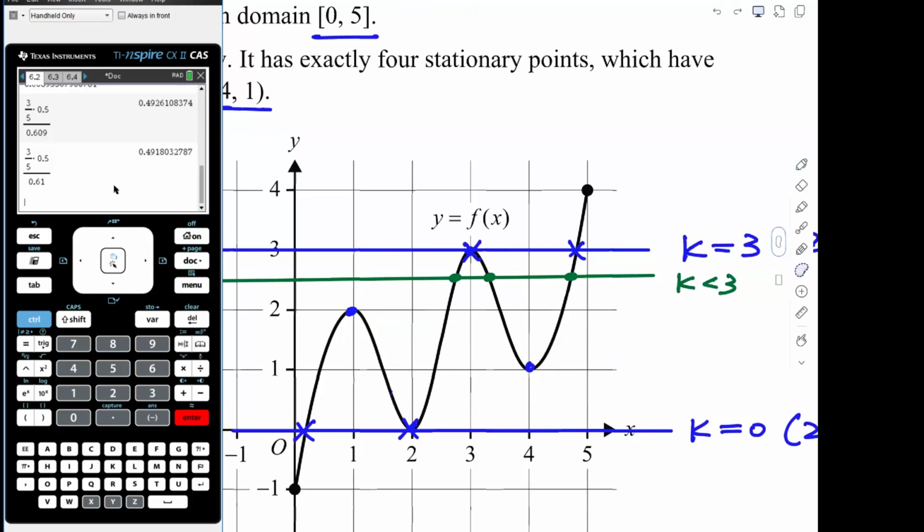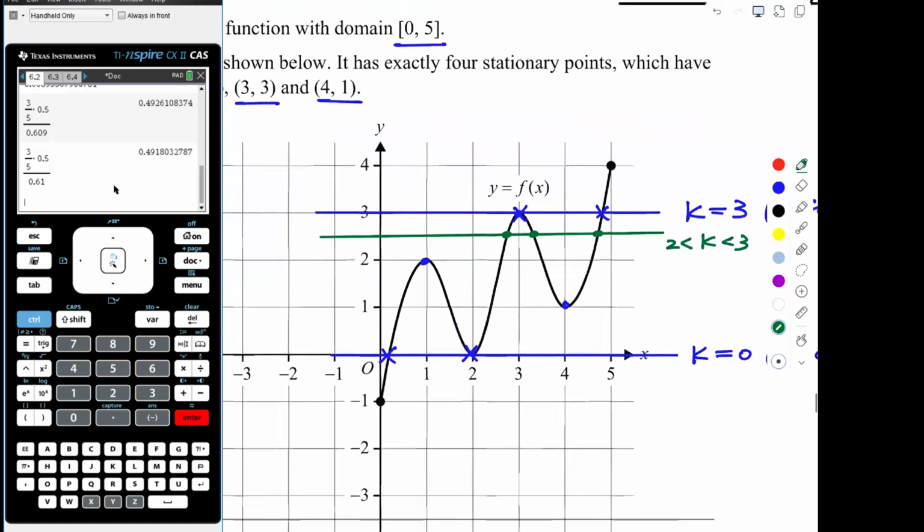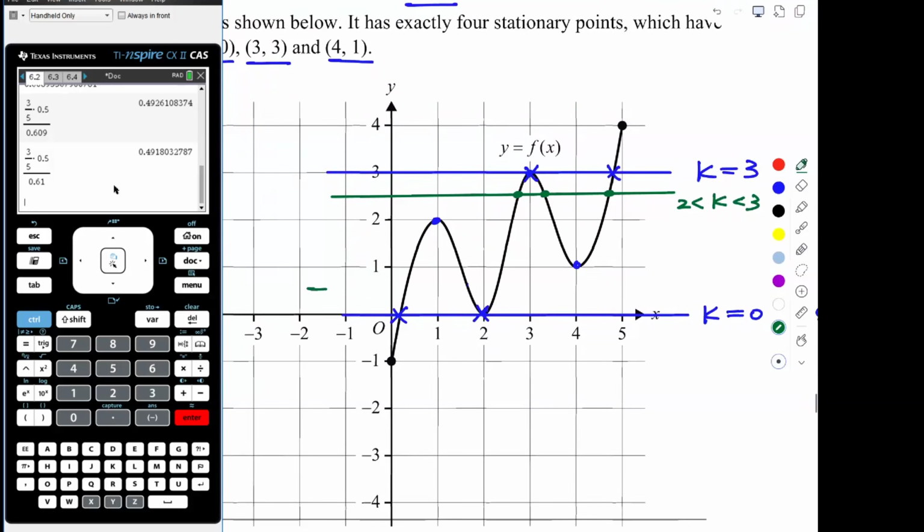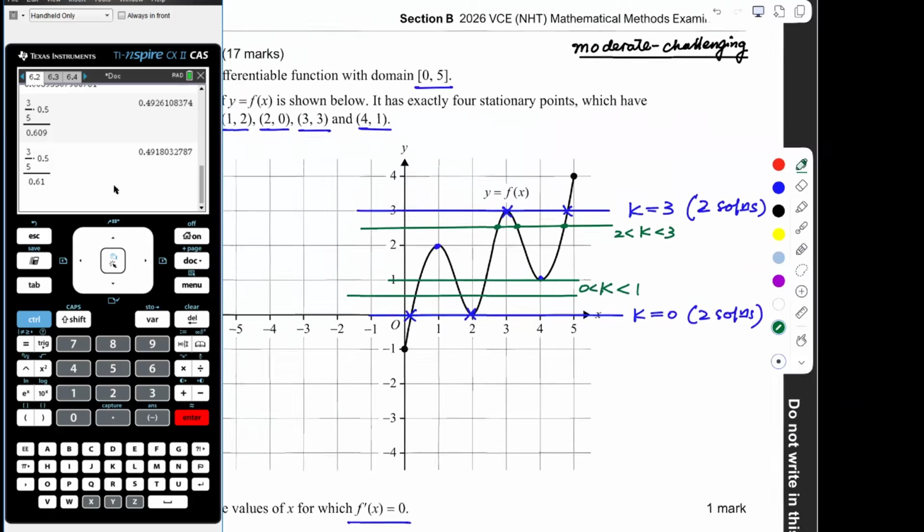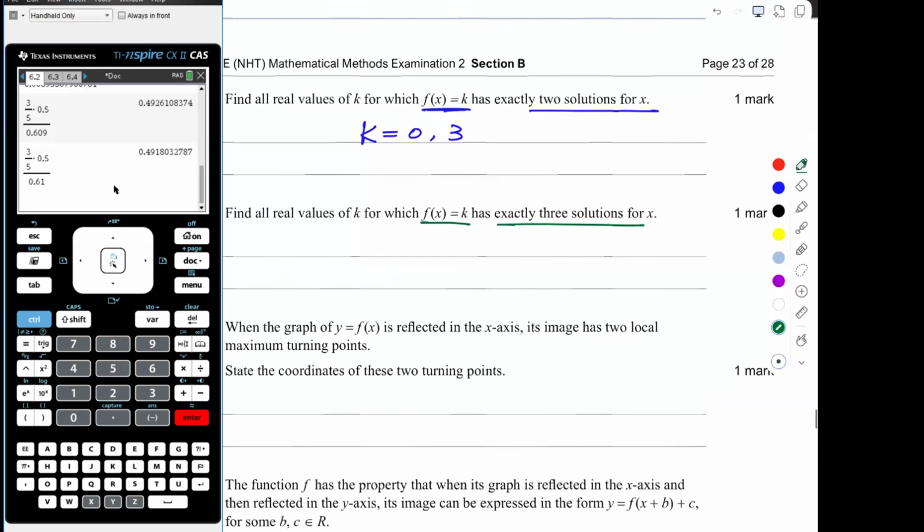So I will get k larger than 2 but less than 3. Or is there any other places? Yeah. For example, if it's larger than 0, but try not to touch here, otherwise you will be hitting the curve 4 times, okay? So you have to say k is larger than 0 but less than, for example, 1, okay? 0 to 1, 2 to 3.